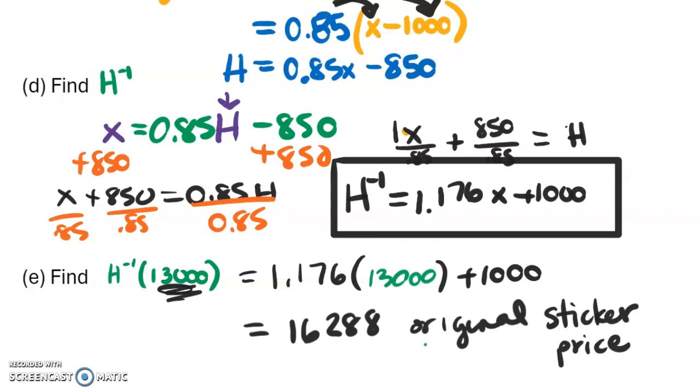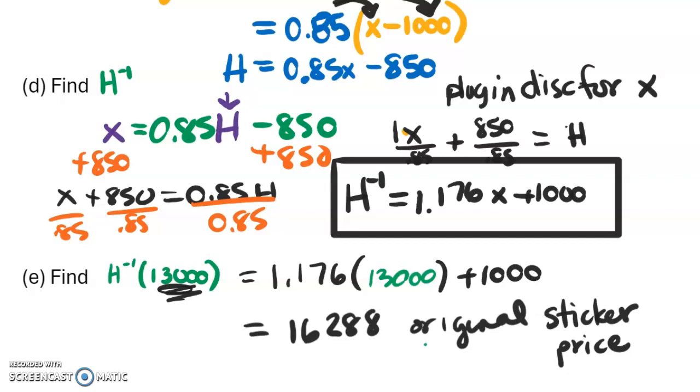So we took the composite function, meaning both discounts, and then we found the inverse. The inverse gave us the ability to plug in the discount for the input.